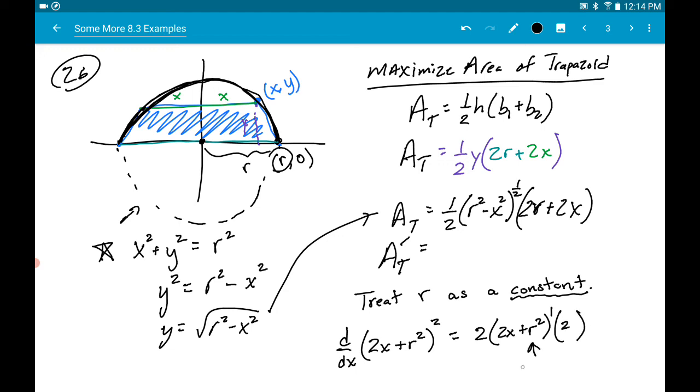But when you take the derivative of r with respect to x, if you're treating it as a constant, again, the derivative of any constant is going to be 0. So think about that. But I do think this is a really tricky question.